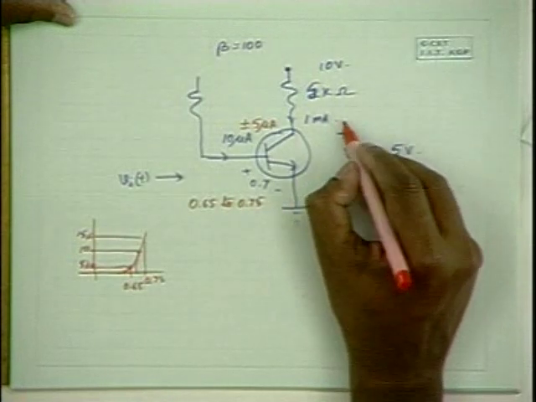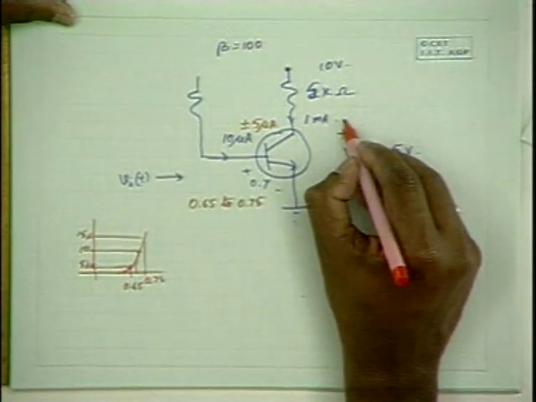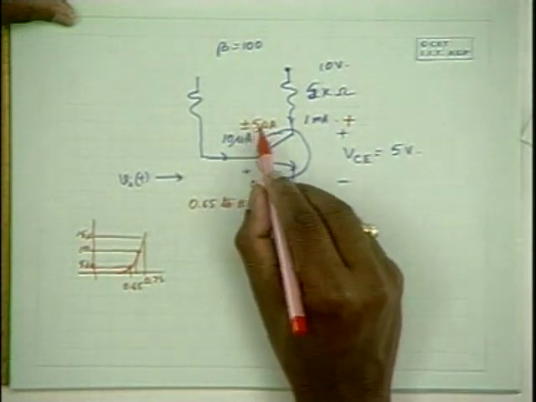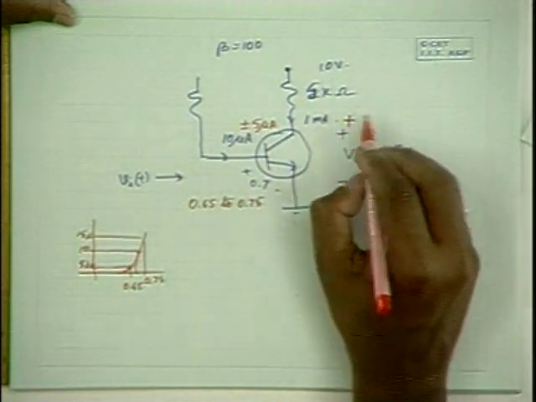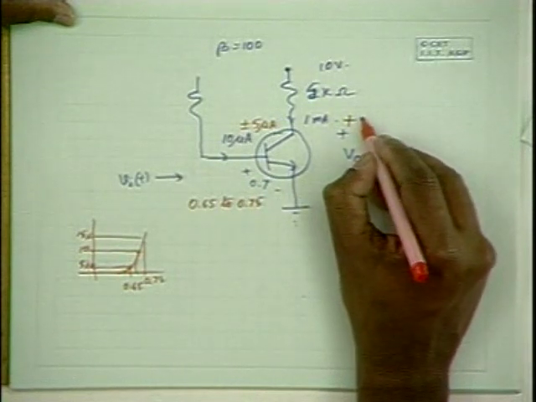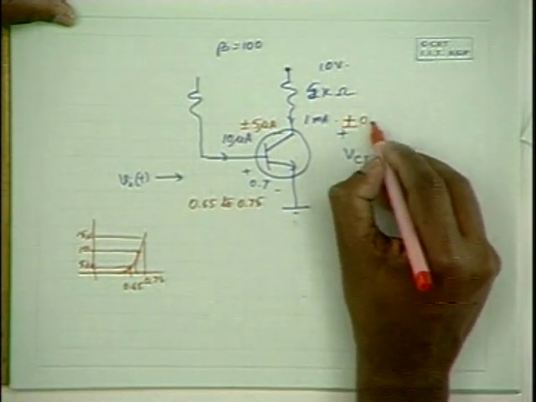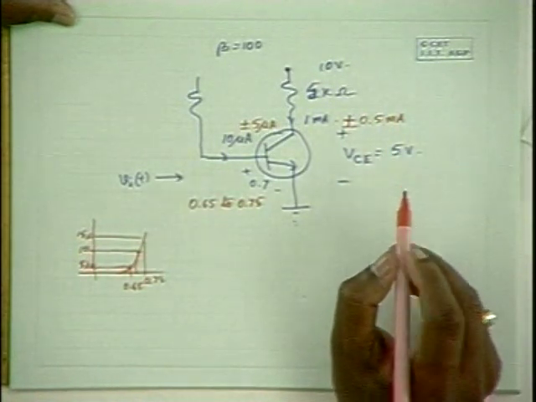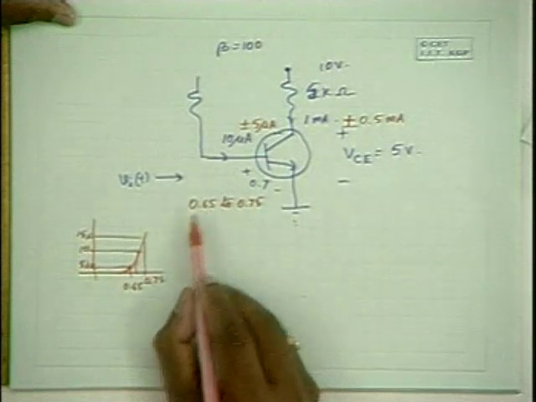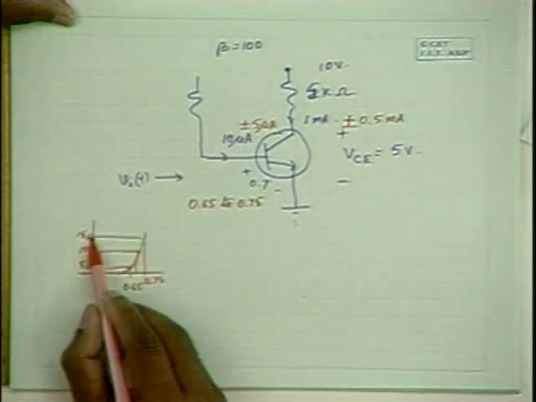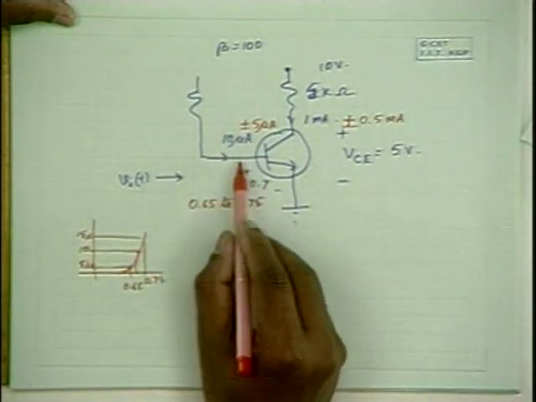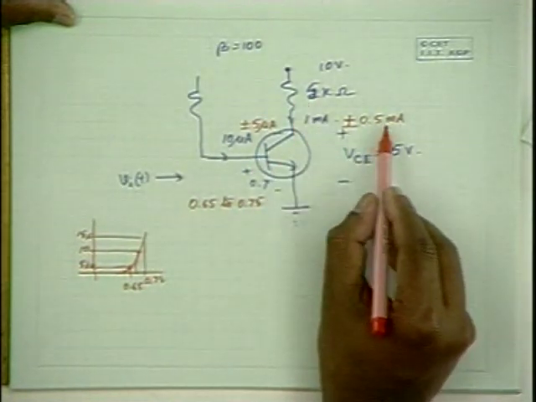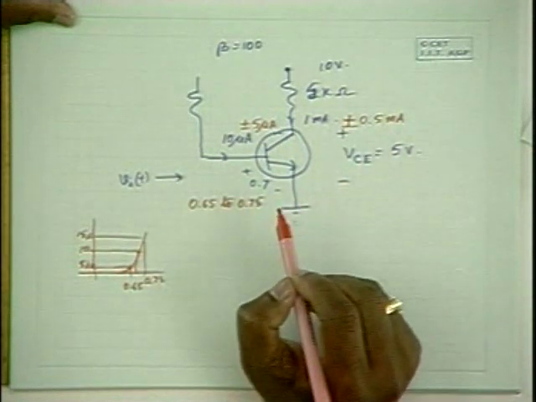Now, what would be the collector current variation? Collector current variation would be 100 times this, 1 milliampere plus or minus 0.5 milliampere. So when the input voltage rises to 0.75, the base current is going to be 10 plus 5, 15 microamperes, and the collector current is going to be 1.5 milliamperes.